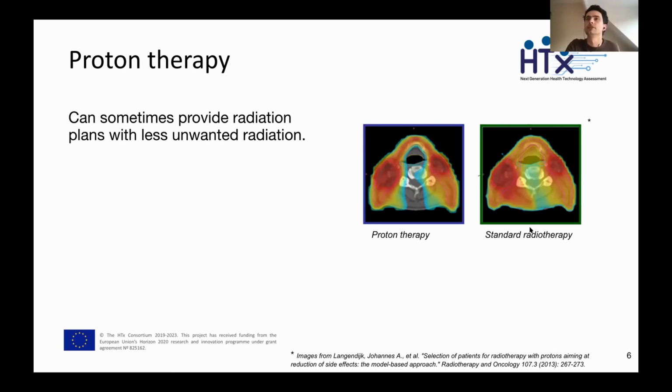Yeah, so in these pictures, this is just a slice of the head. On the right you have the red. More red means a higher radiation dosage, and toward the green it is a lower radiation dosage. If there's no color, then no dosage was planned.